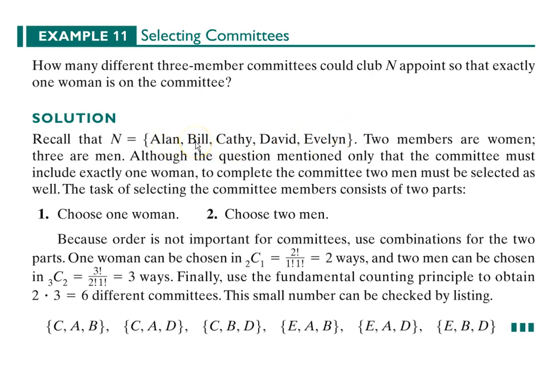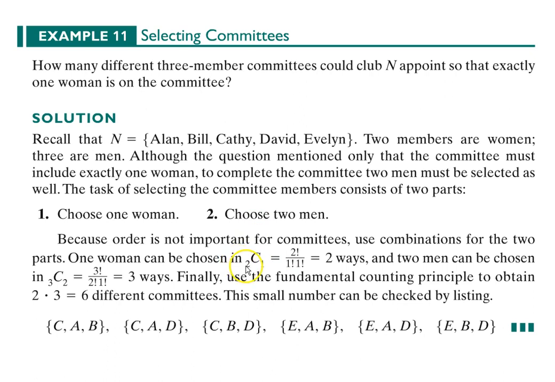Alan and Bill are male, David is male, Kathy and Evelyn are female. So notice that you want to select one woman on the committee, so this would be a combination of combinations.